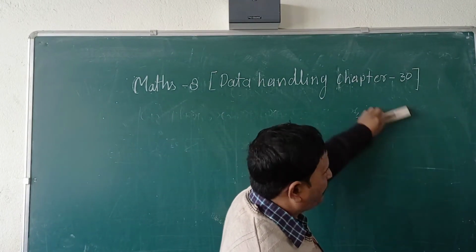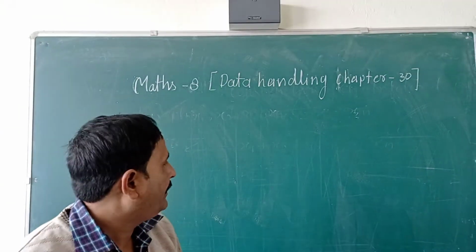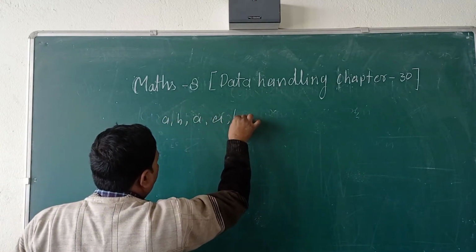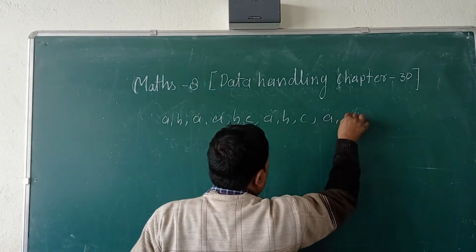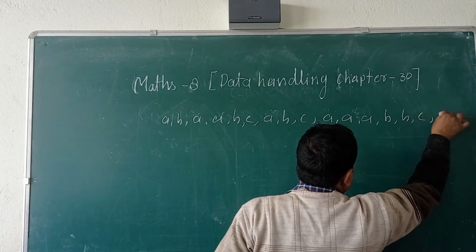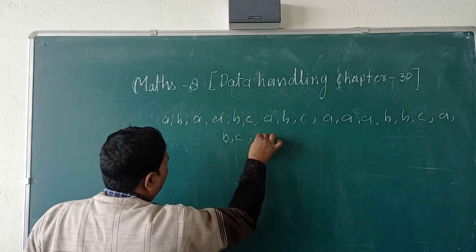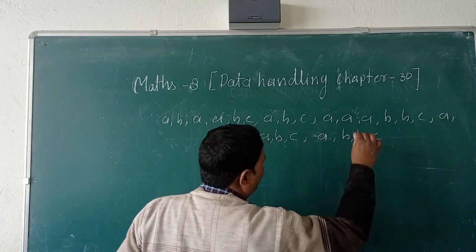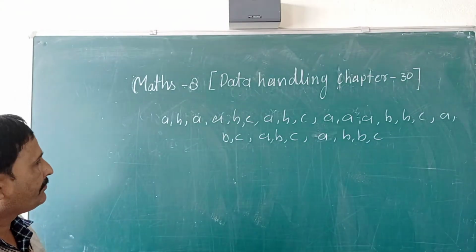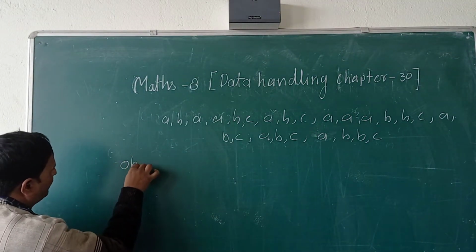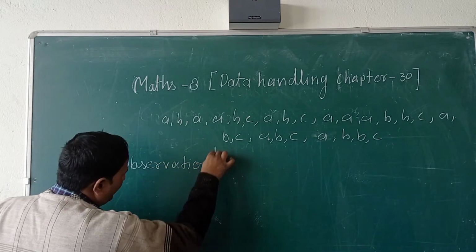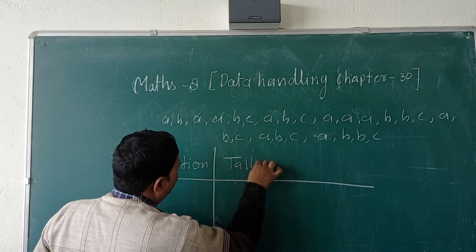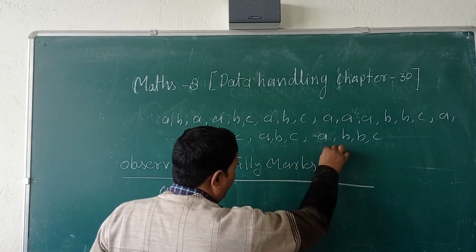Now, what is a frequency distribution table? Suppose the observations given are A, B, C, A, B, C, A, B, C, A, B, C, B, C. Then you write the observations: only A, B, C are given. Here tally marks, and here frequency.